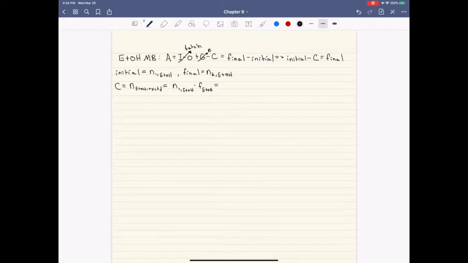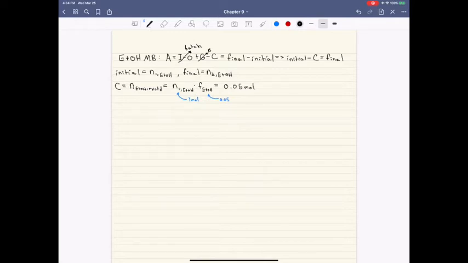Okay. So now that we have this relationship, we could just plug in, because we know that this is 1 mole, and we know that this conversion is 0.05. And so multiplying that gives us 0.05 moles of ethanol that's reacted.